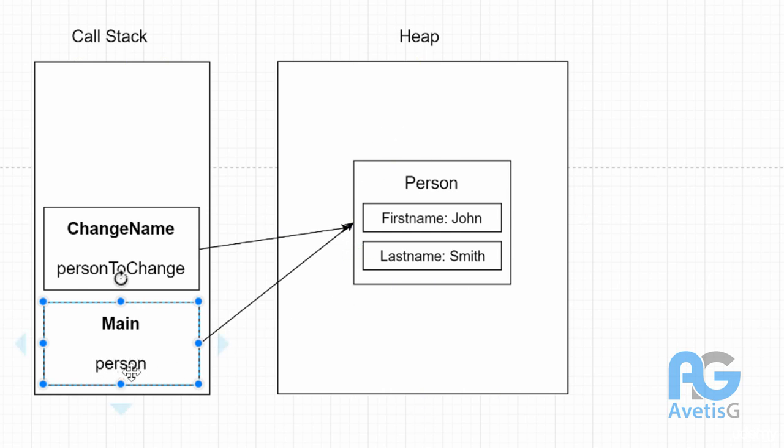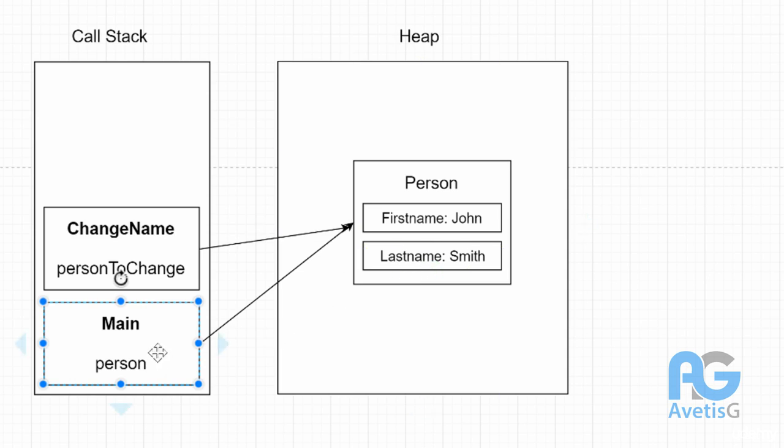The pointer is saved onto the stack, but the actual data is saved onto the heap. And the pointer is pointing from the stack to the heap. So it's pointing to the actual data. So once again, main is pointing through the person pointer to the heap, which has the person data. And it has John and Smith.